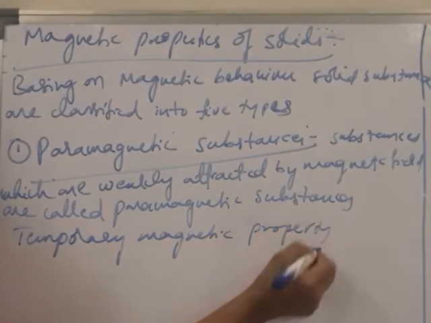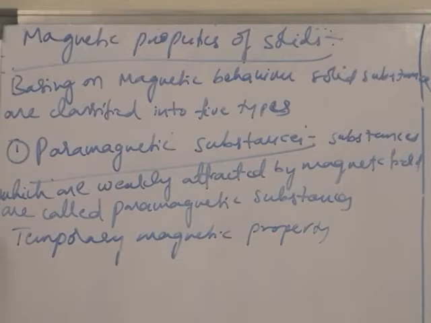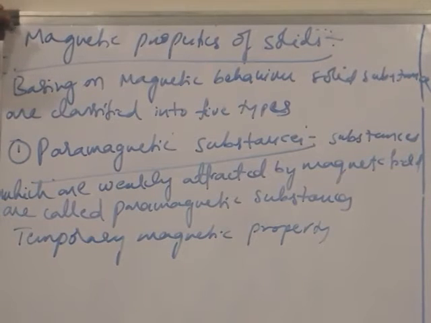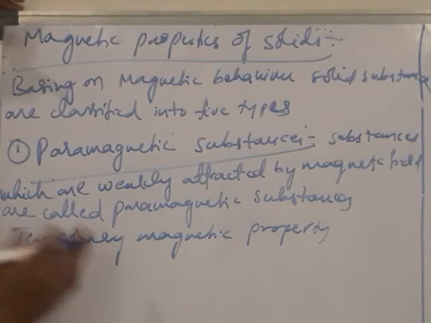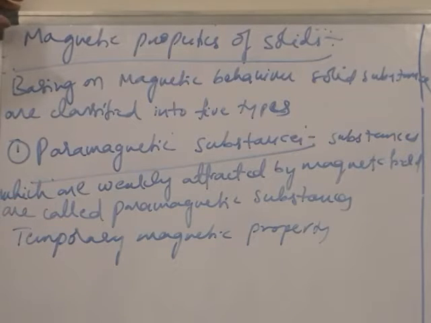Temporary means if a substance is under the influence of magnetic field, then only it exhibits magnetism. When it is removed from the magnetic field, it loses its magnetic property. So that's why this is a temporary magnetic property.